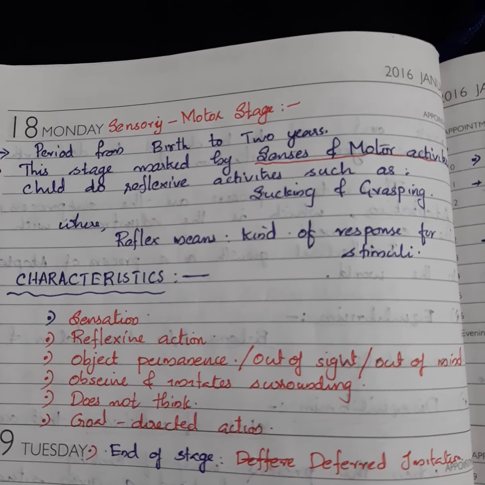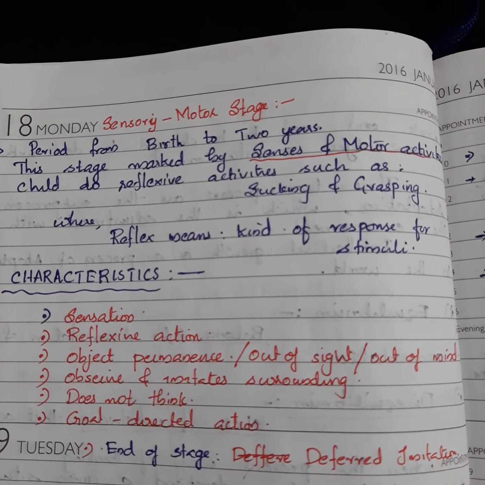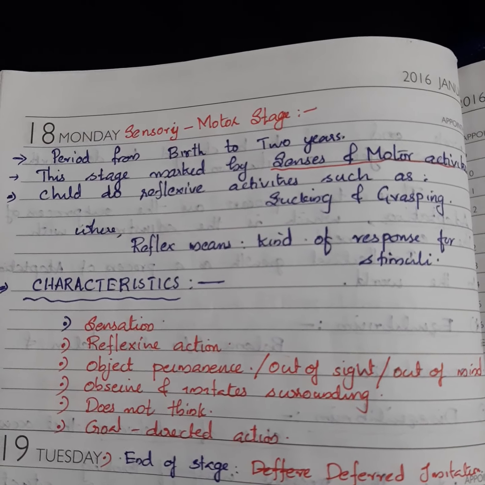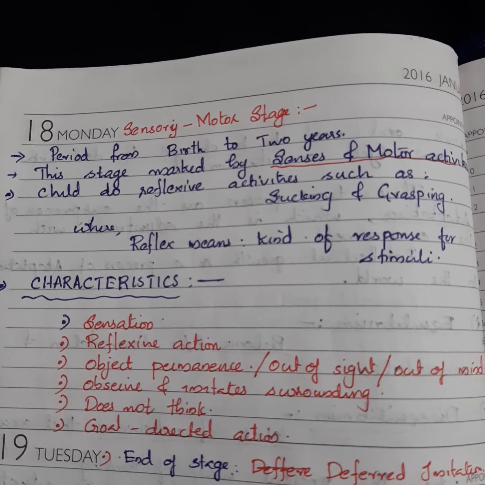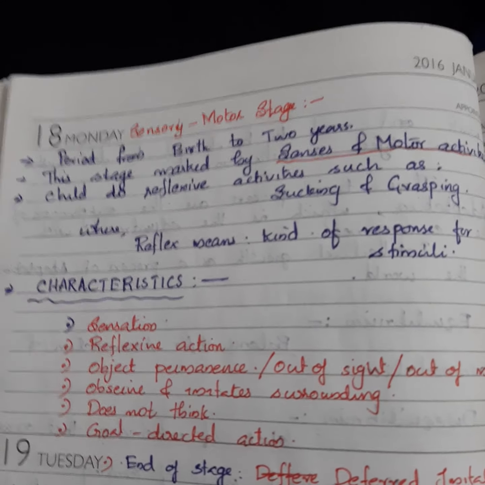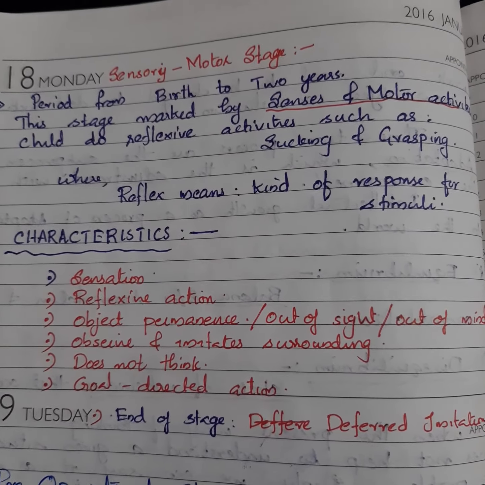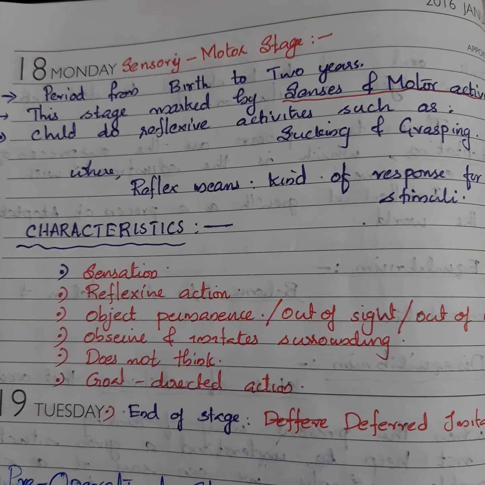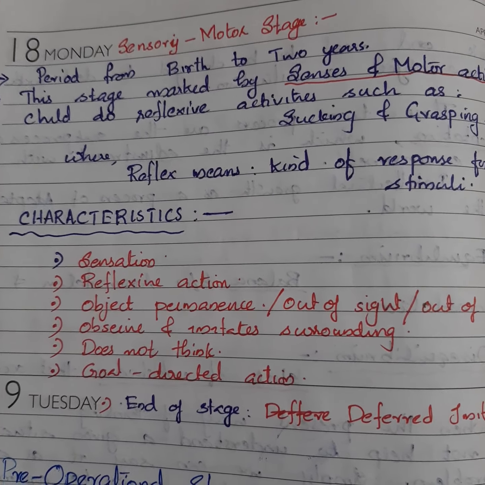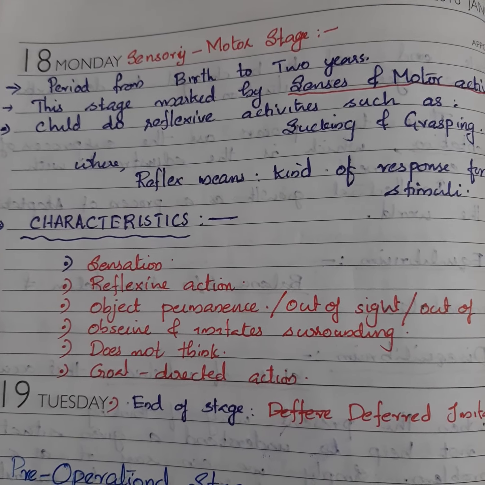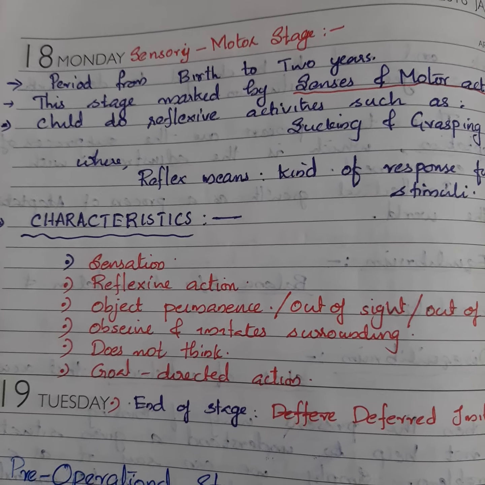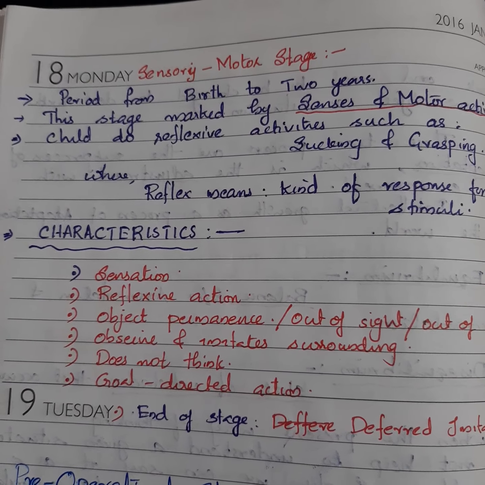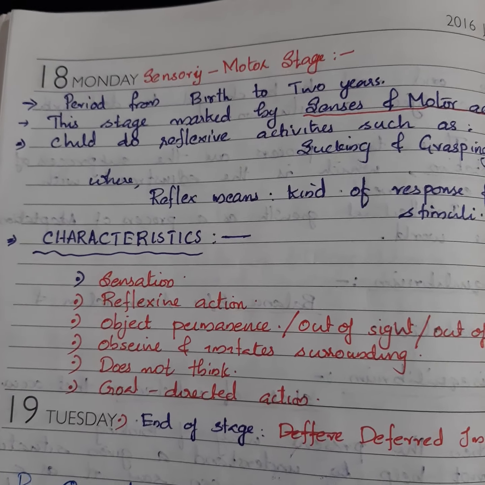In this stage, the child observes and imitates his or her surroundings. Here, reflex means a kind of response to stimuli. During this stage, simple learning occurs, but the child does not think at this stage. These early sensory motor experiences of the child have a great bearing on the development of his later intellectual abilities.